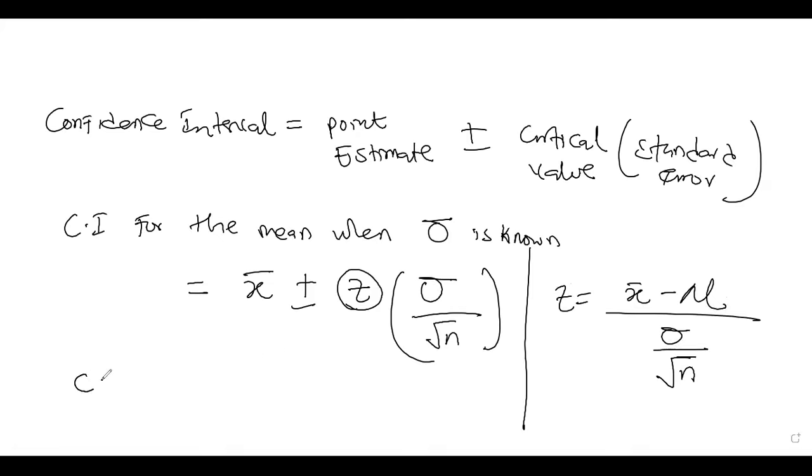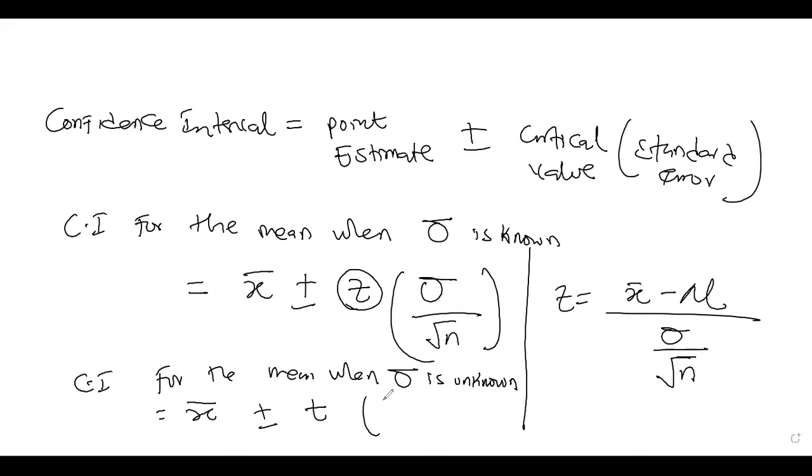Now, if you want to compute the confidence interval for the mean when the population standard deviation is unknown, it is the sample mean plus or minus the t times the standard error. The standard error we will use is the sample standard deviation divided by the square root of n.